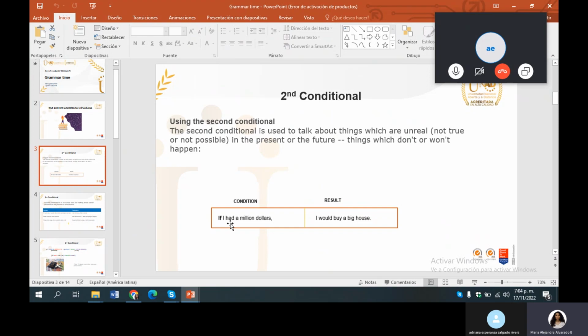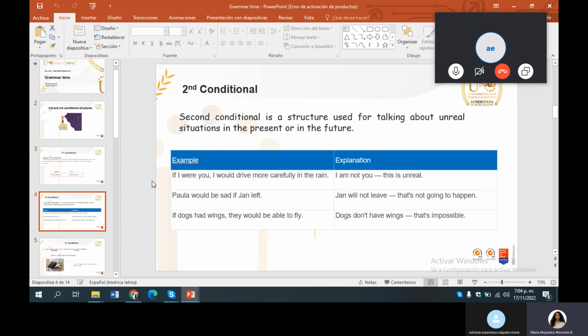In the second conditional, we have the rule that says we have to put the conditional word, if. Then we have to put the subject, the personal pronoun, and in this case the subject is the person that we want to mention, and then we put the action in the verb, but this verb must be in past. Here I have some examples to clarify this rule.